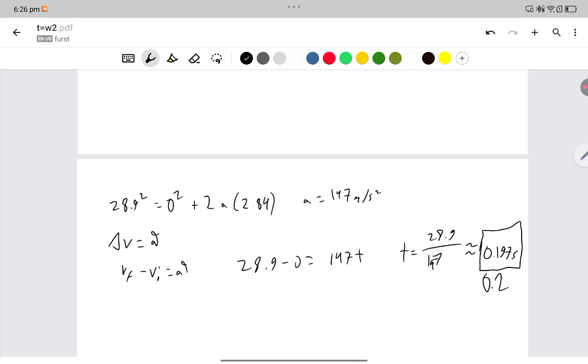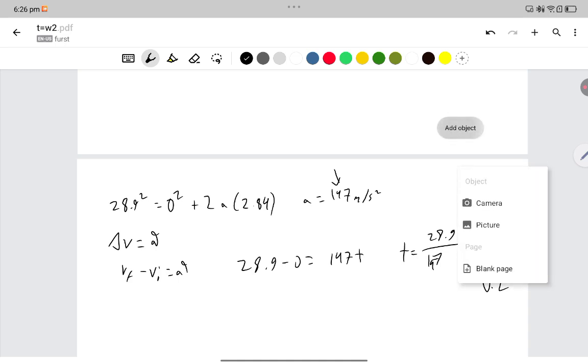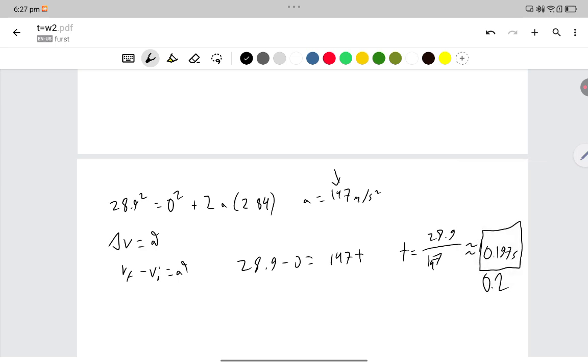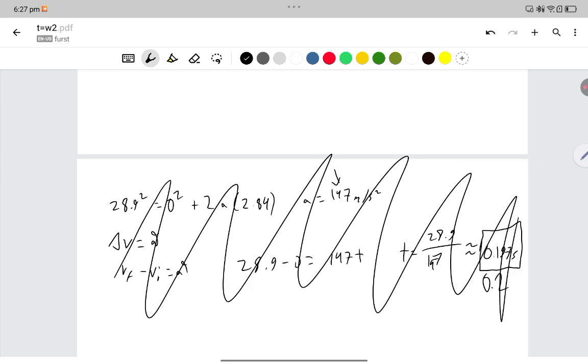That's how long it takes to reach the velocity of 28.9 given that it accelerates at 147 meters per second squared. So imagine that in just 1 second, it'll have reached a velocity of 147 meters per second. Interesting. That's that question done.